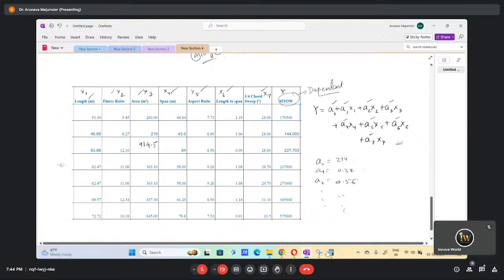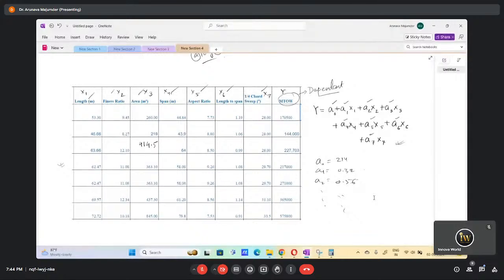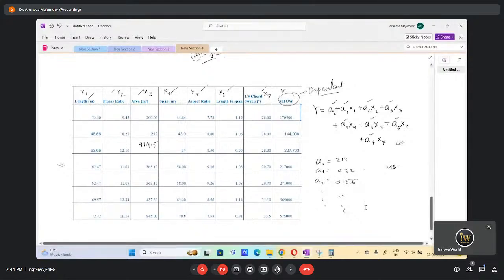After finding the model, we need to test it to identify the MSE. This is error analysis. MSE means mean square error, and there is also root mean square error, RMSE.